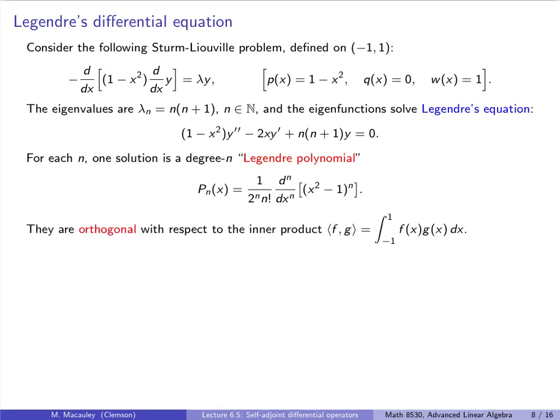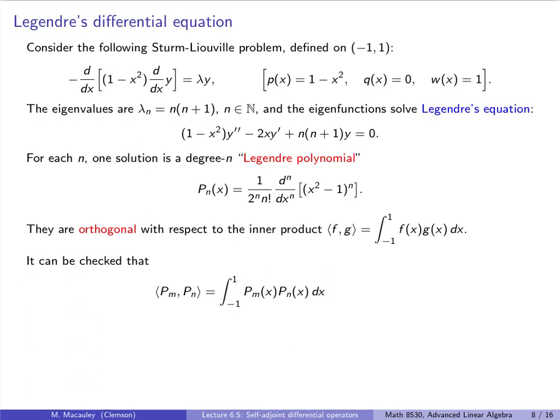These are orthogonal with respect to the Sturm-Liouville inner product, which in this case, the inner product of f and g, is the integral on this interval of f of x times g of x dx. So there's nothing here because the weighting function is 1.